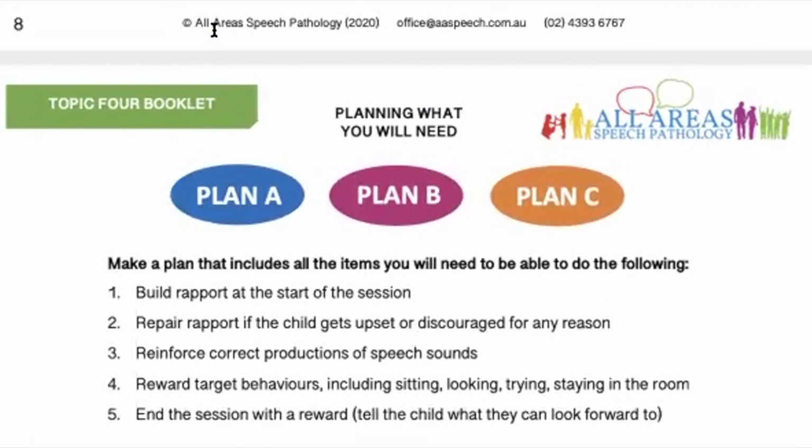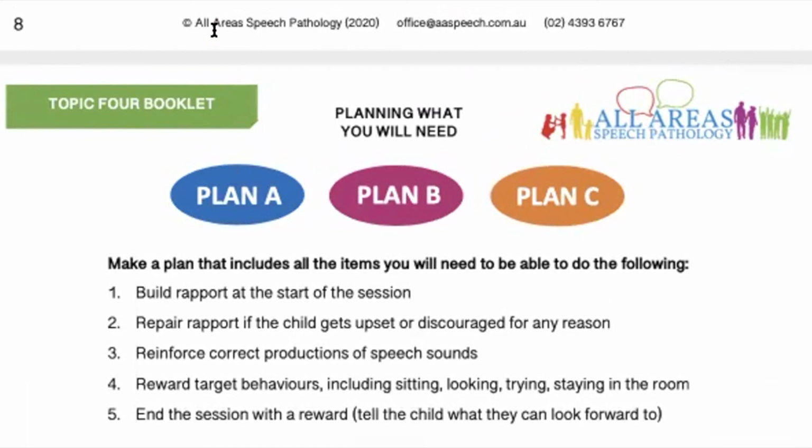So as we go over to page 9, you'll see that we need to plan. Contingency means having a plan A, and then having a plan B, and then maybe even having a plan C. And we need plans for all these different aspects of the articulation program. We need a plan for building rapport at the start of the session.